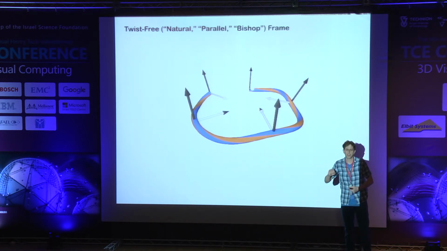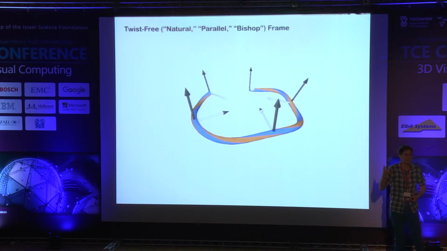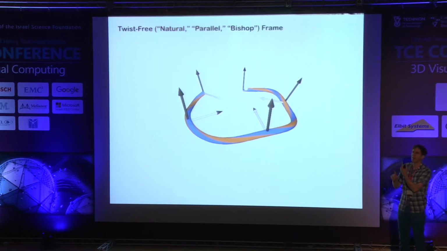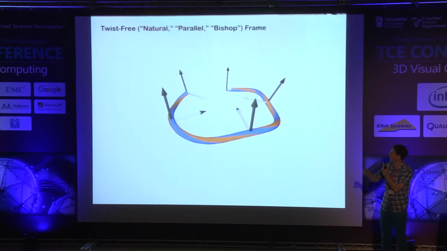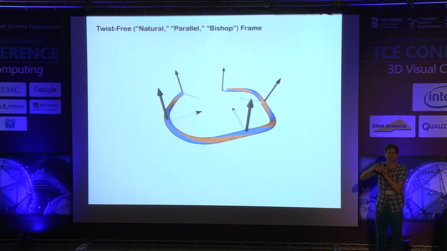If a tangent vector, which is one of the three frames, is mapped onto the radius of the unit sphere, then the other two vectors, which are perpendicular to the tangent vector, will be lying on the surface of the sphere. And now you are just parallel transporting those vectors on the surface of the sphere.